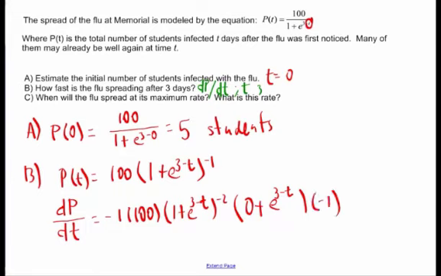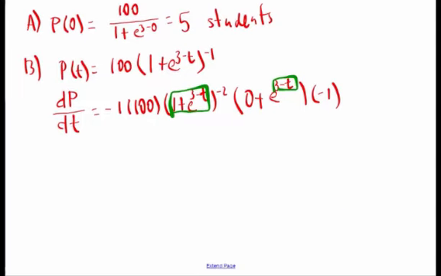So that's a big derivative. But you've got to chain out the inside of this, and then you've got to chain out this guy. So that's where those things are coming from. So what's my derivative going to be?